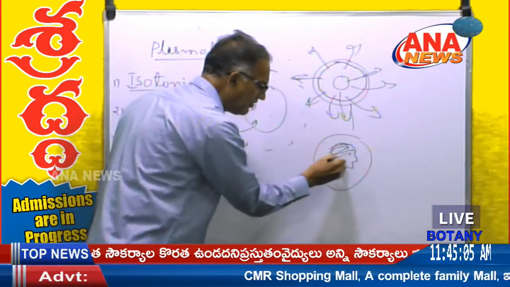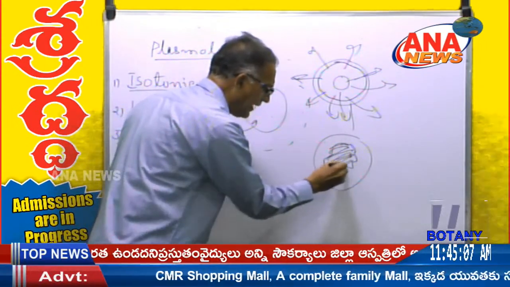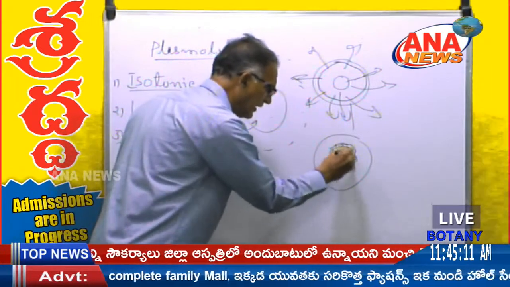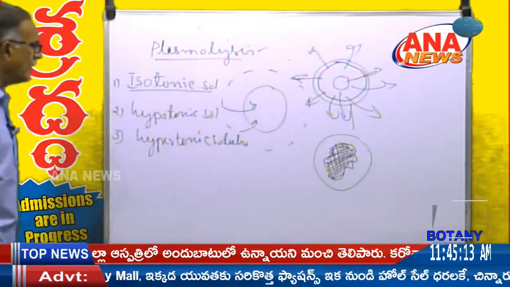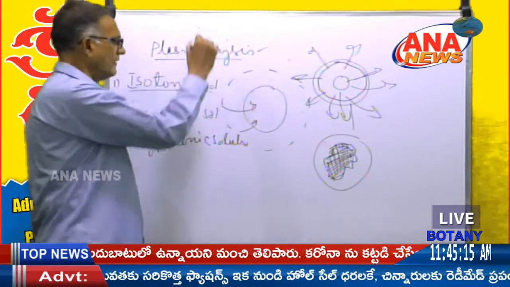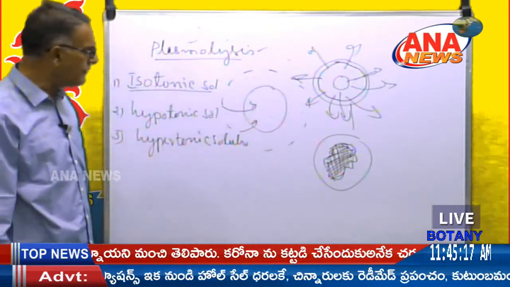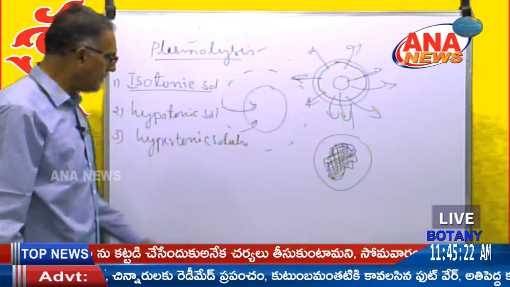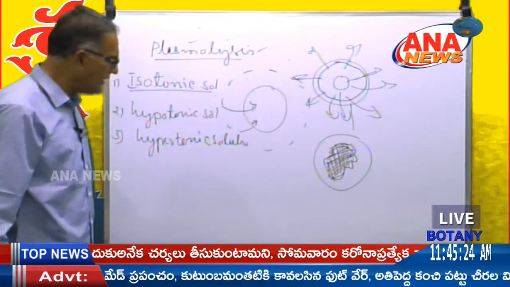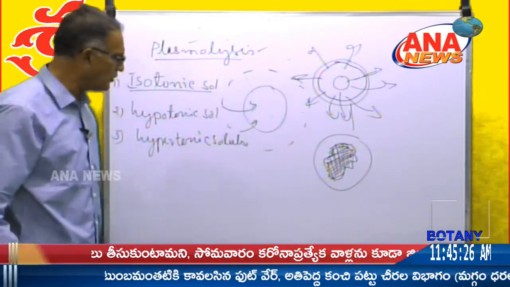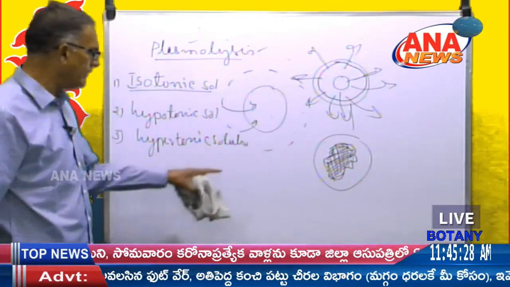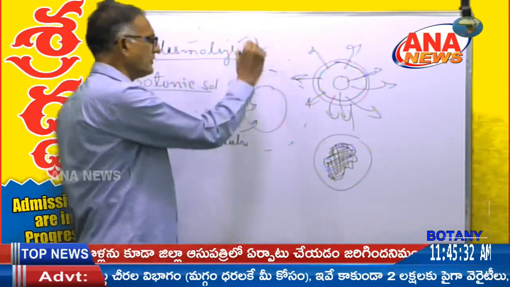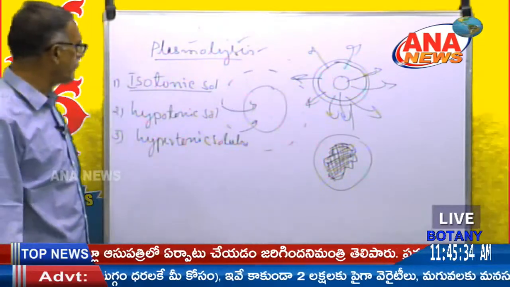The shrinkage of the protoplasm in hypertonic solution, that is known as plasmolysis. That is because of loss of water from the cell. So the water moves out of the cell and the protoplasm shrinks in hypertonic solution, that is called plasmolysis. This is important for 4 marks.